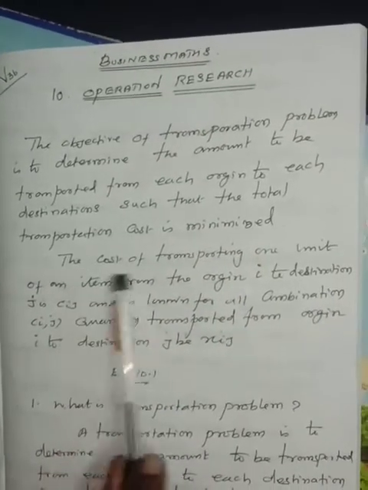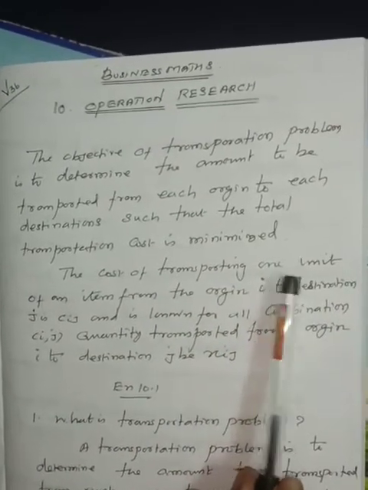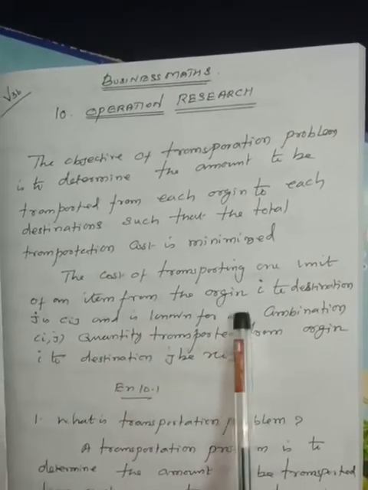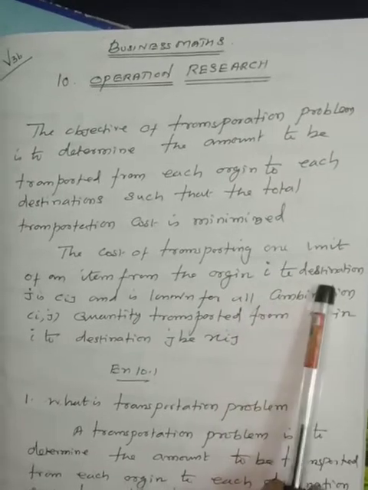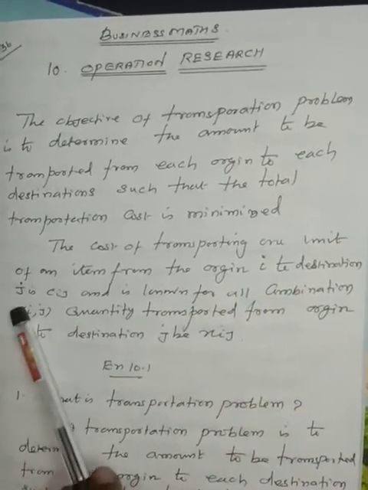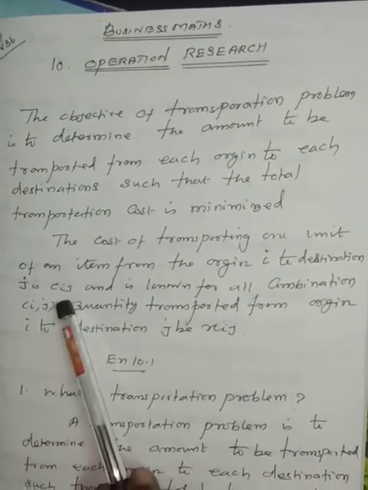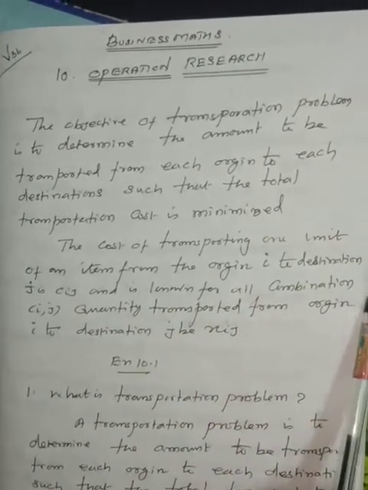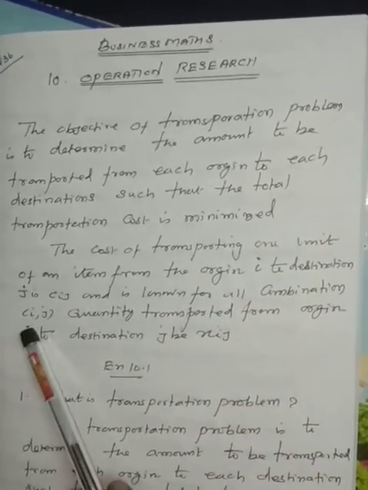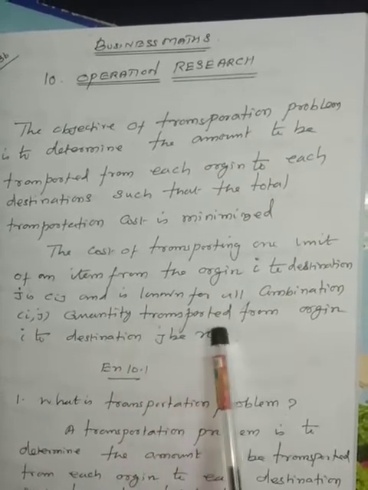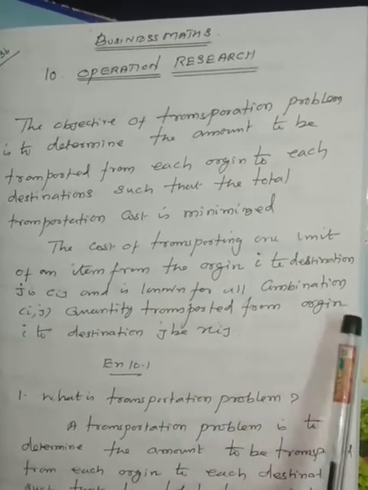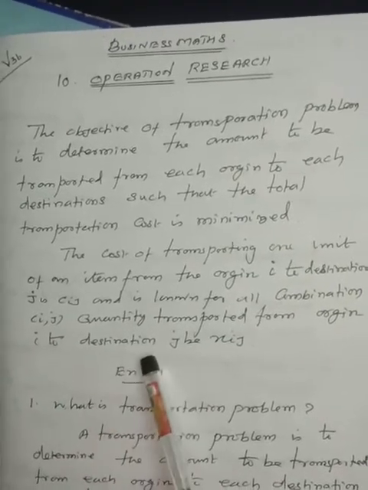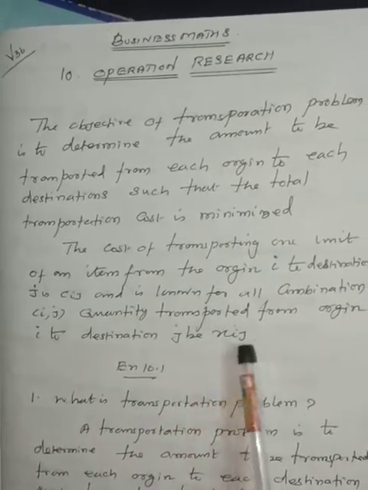The cost of transporting one unit of an item from origin i to destination j, Cij, is known for all combinations of i and j. The quantity transported from origin i to destination j is Xij.